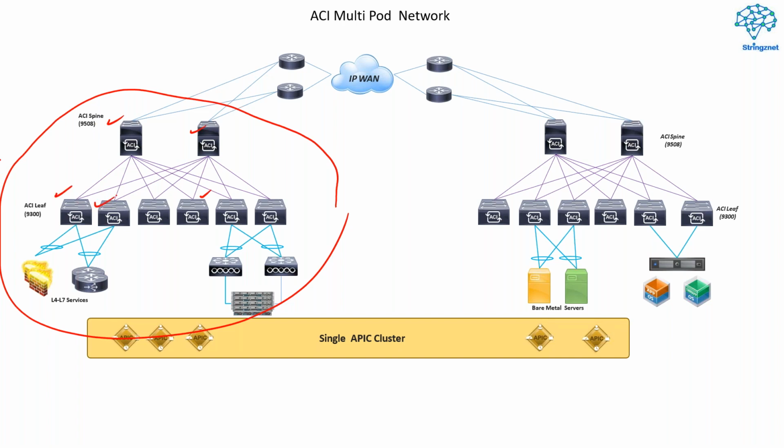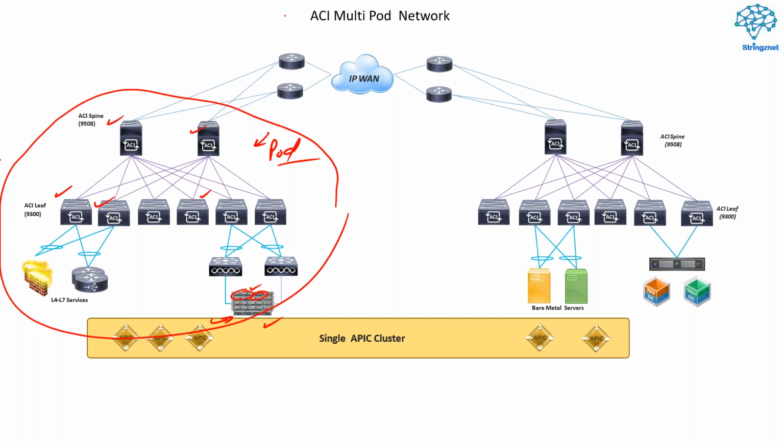Our ACI leaf switches will be connected to a downstream UCS B series chassis having various servers in it. When we have our ACI fabric in a single pod having multiple devices, we call it a single pod or single ACI fabric.